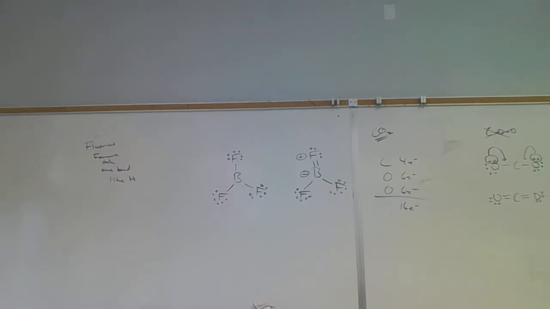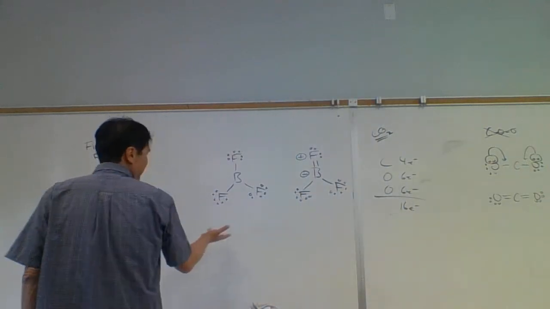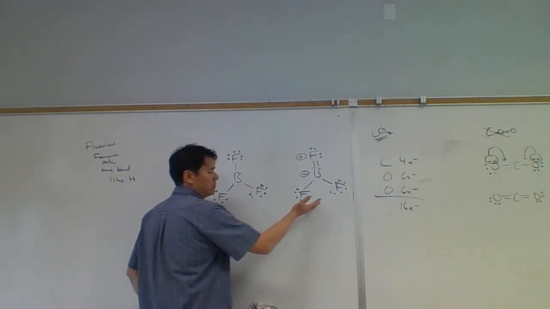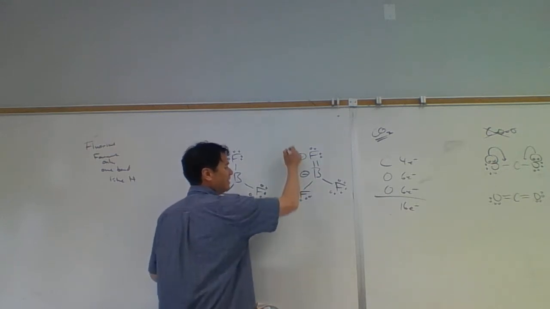Delta EN is 2, which means this is a borderline ionic bond. In fact, fluorine is going to completely strip boron of its electrons. Well, let's just call it on the edge of covalent here, but this is not going to happen.